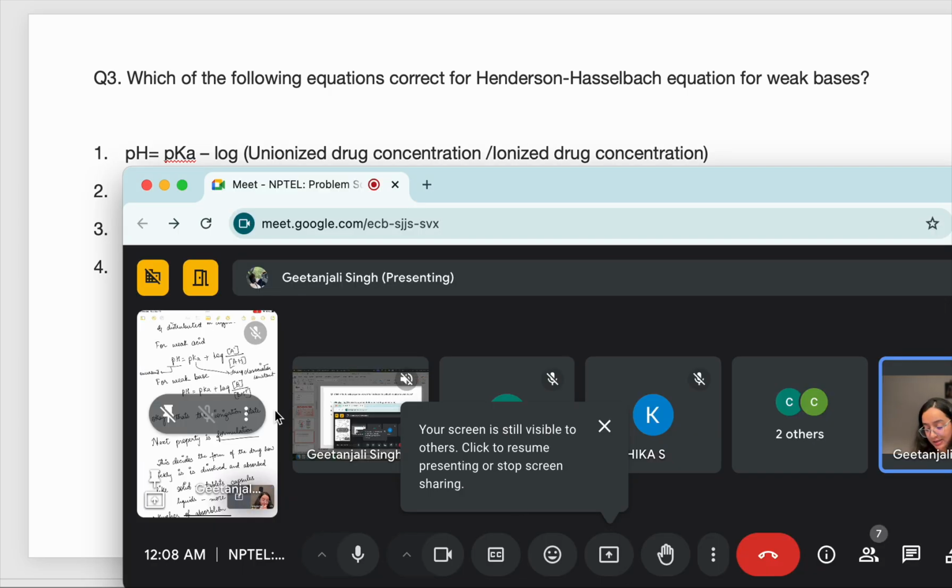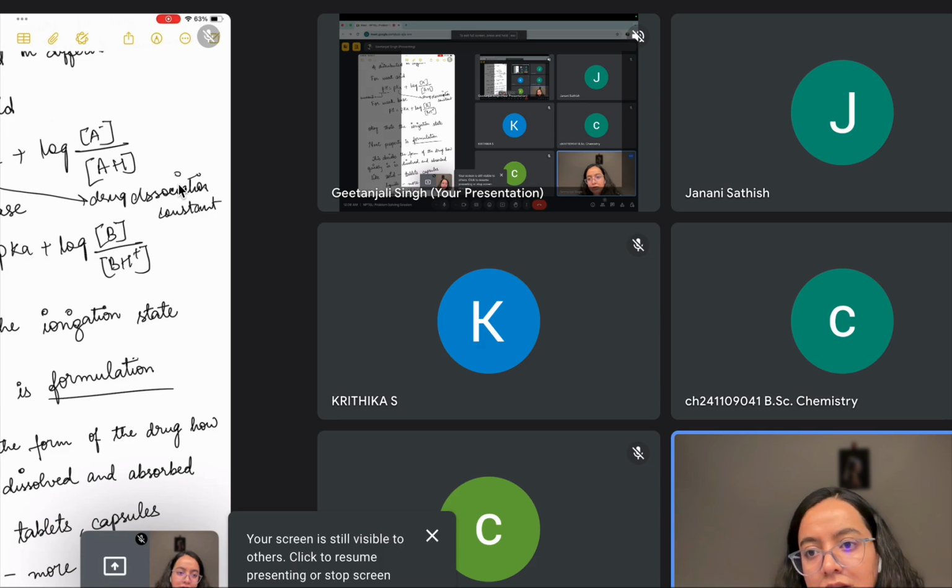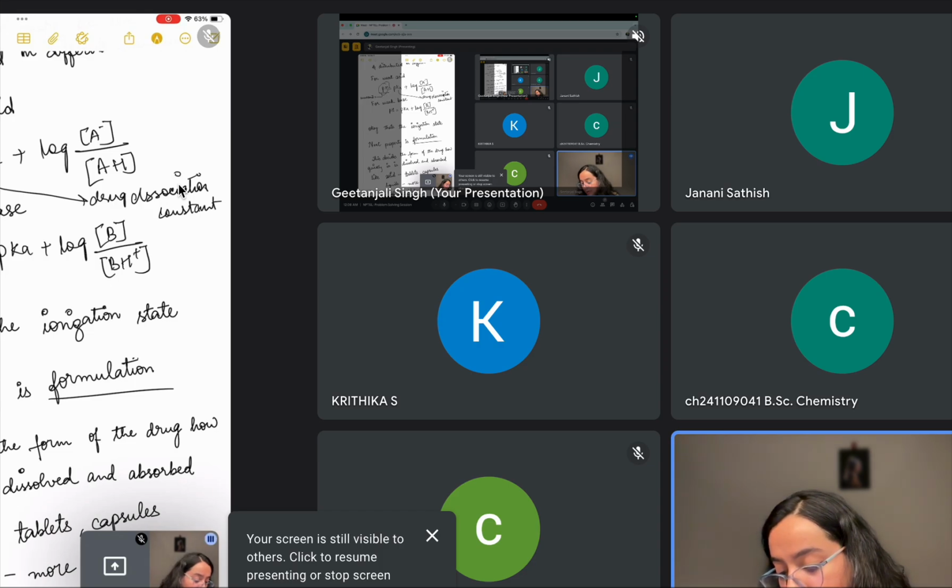For weak acid, and obviously for weak base, the pH is equal to pKa plus log A minus over AH, where pH is the pH of the environment and pKa is the drug dissociation constant.